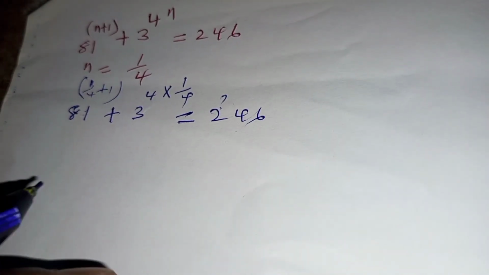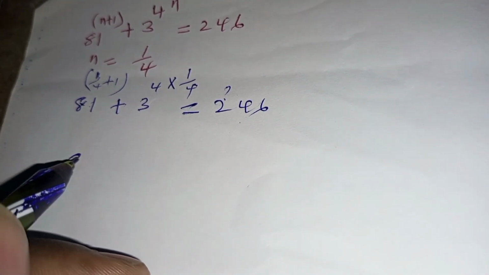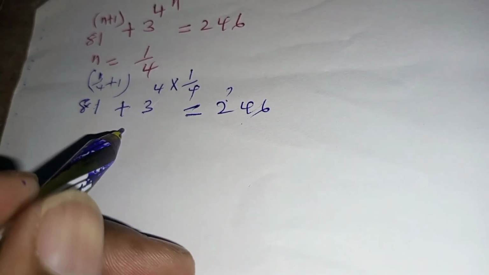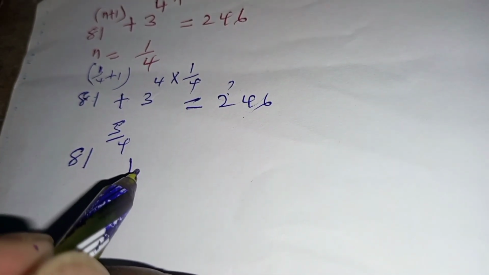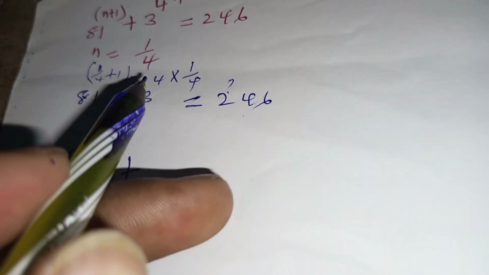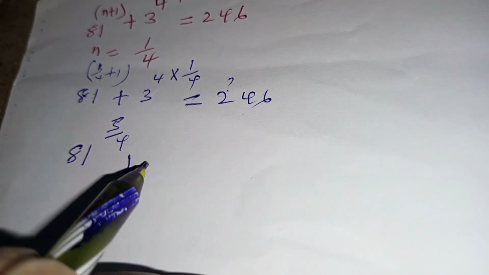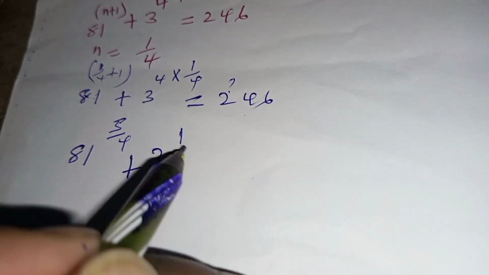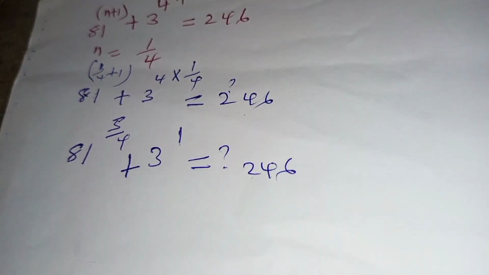Now 1 plus a quarter is 1 and a quarter, which can be written as 5 over 4. Plus, here you can see 4 times a quarter is 1. So we shall have plus 3^1. Is it equal to 246?